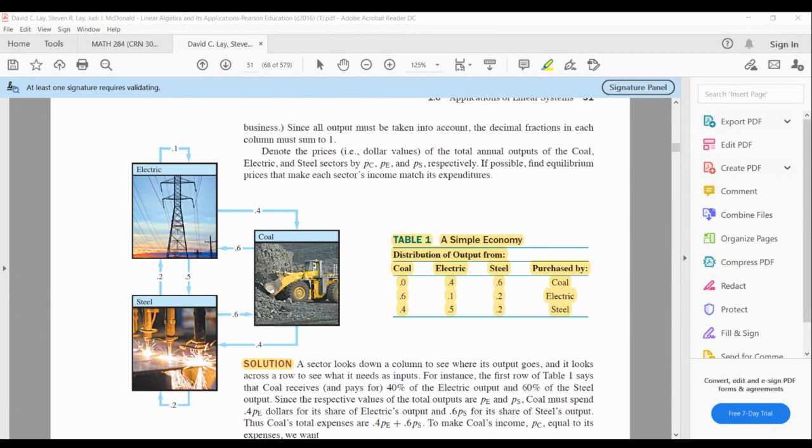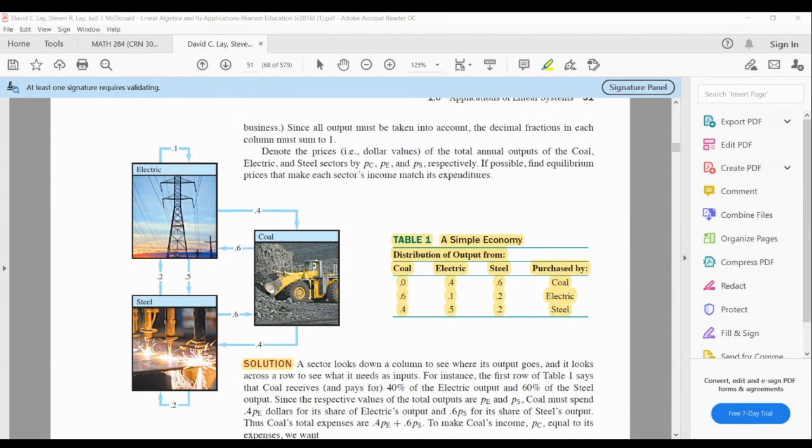So why would steel need to purchase coal, for instance? There should be some logic. Fuel for machinery, for energy, there you go. Yes, Justin. Yes, Eleanor. So this is how you read this table.